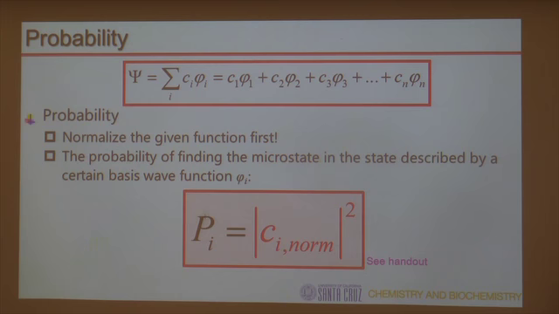So |C_I| squared, this square, not the bracket square, equals (A minus Bi) times (A plus Bi). That would be A squared plus B squared. Something like that. So probability is the coefficient squared, |C_I| squared.